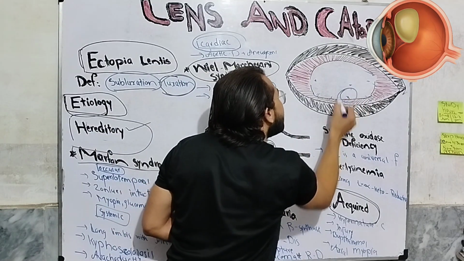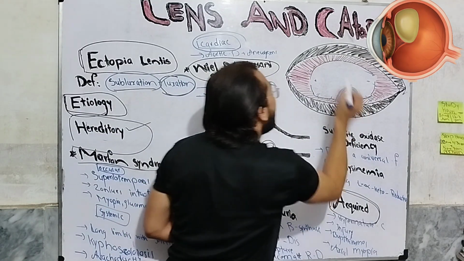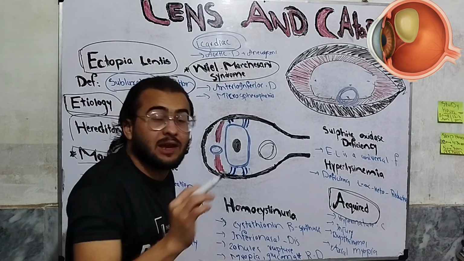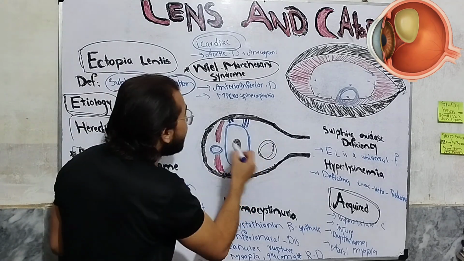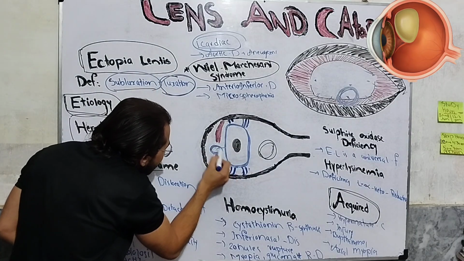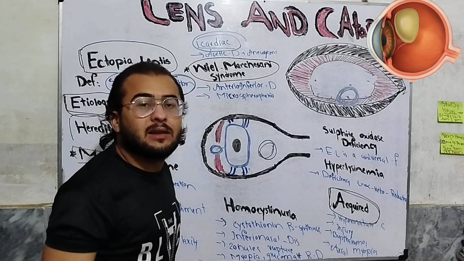Why? The lens is microspherophakia. Microspherophakia means the lens is smaller than normal, so that's why it will dislocate anteriorly and inferiorly. This is Weill-Marchesani syndrome.